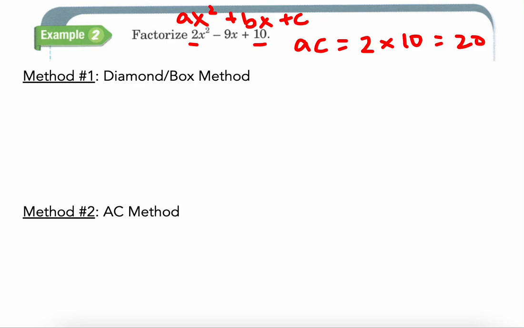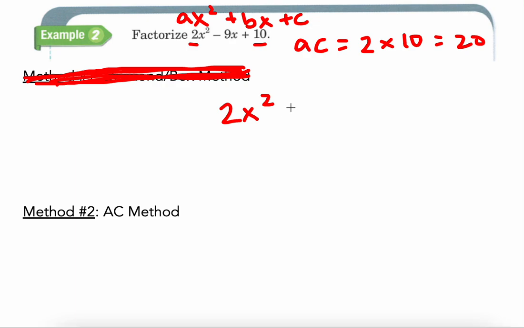Okay, so with the AC method, let's go ahead and rewrite this problem. I'm going to use up the space over here, even though this is not the diamond box method. I'm going to cross that out. We're looking at the AC method. I'm going to recopy this down over here so I have the extra space.